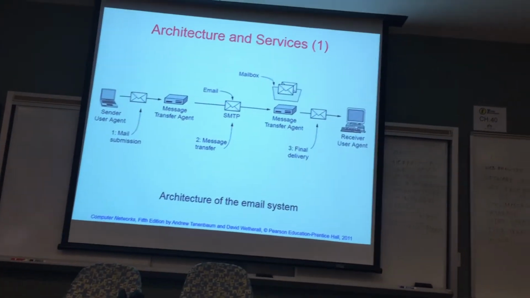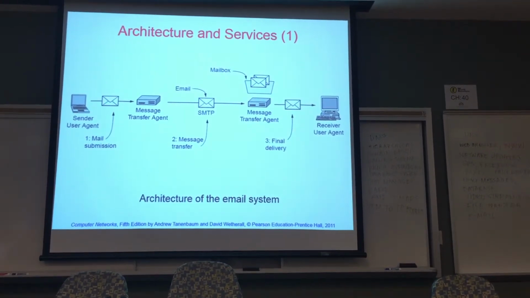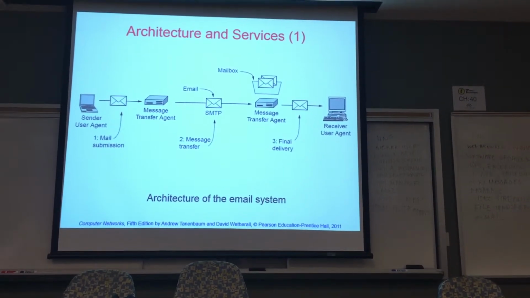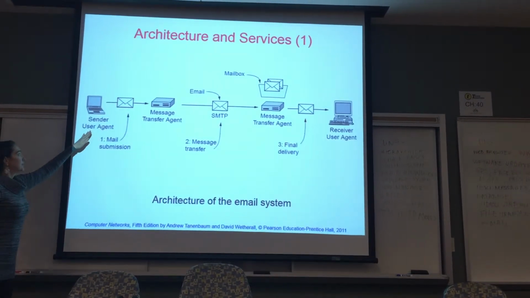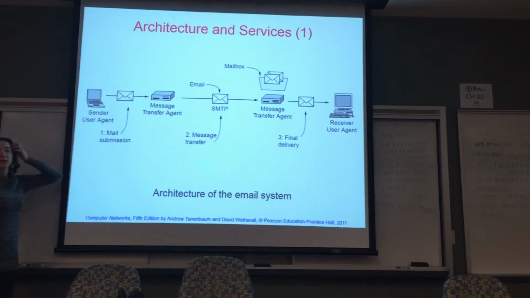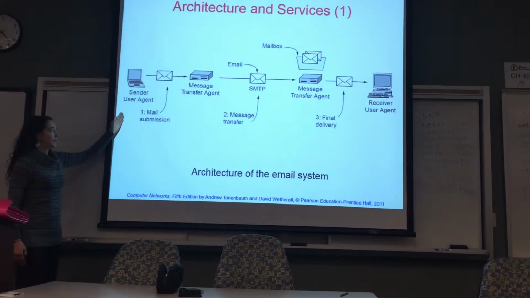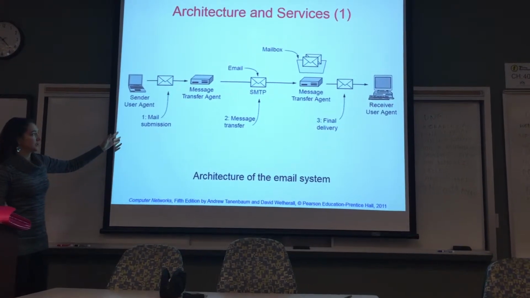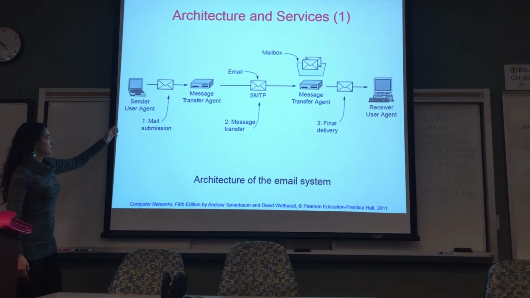We have two subsystems. One is the client system or sending agent. This is pretty much our email application, the client application that we all see where we log into our email, that allows us to compose messages, search through our messages, delete them, and so on.